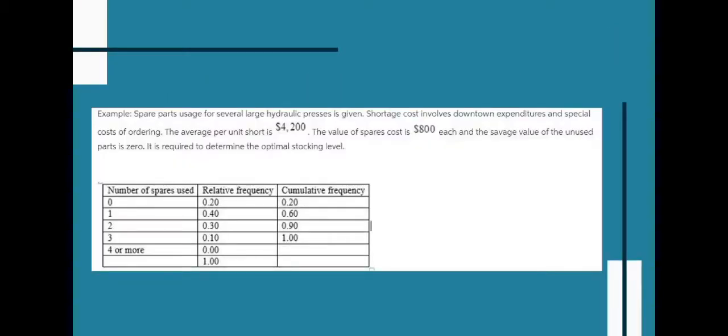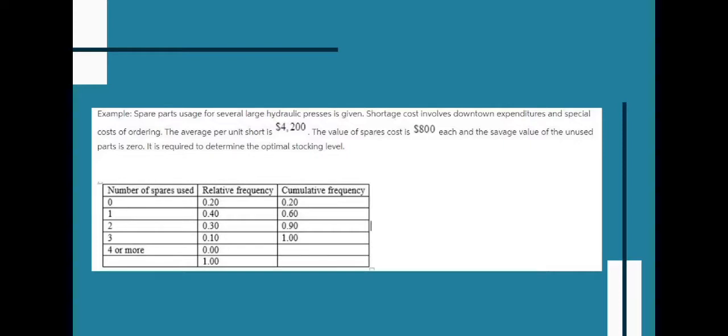For example, here the spare parts usage for several large hydraulic presses is given. Shortage cost involves downtime expenditure and special cost of ordering. The average per unit shortage cost is $4,200.